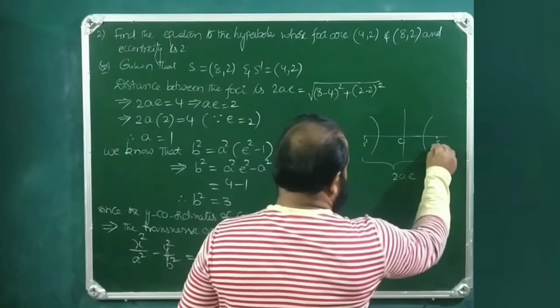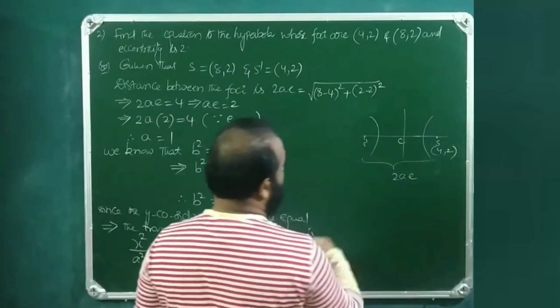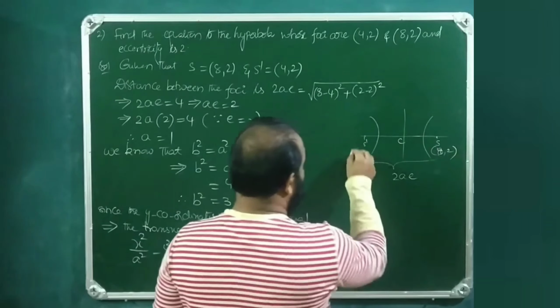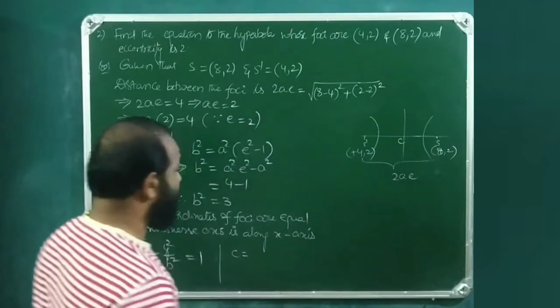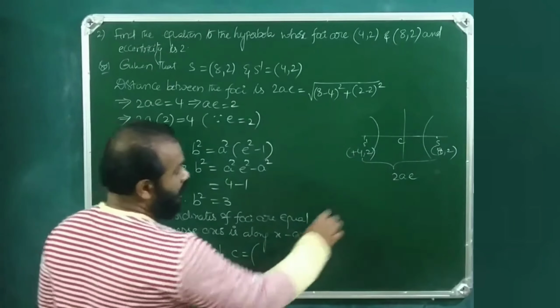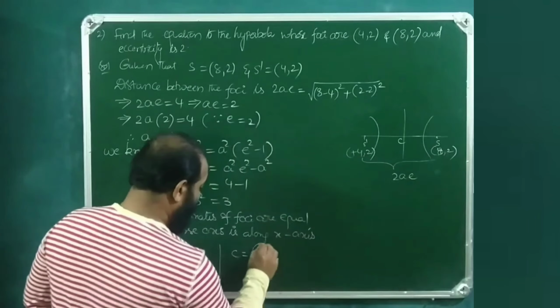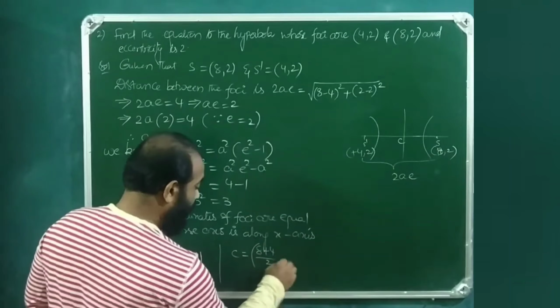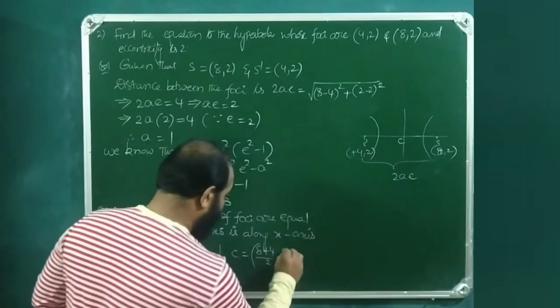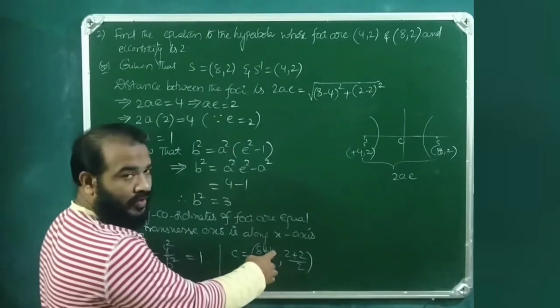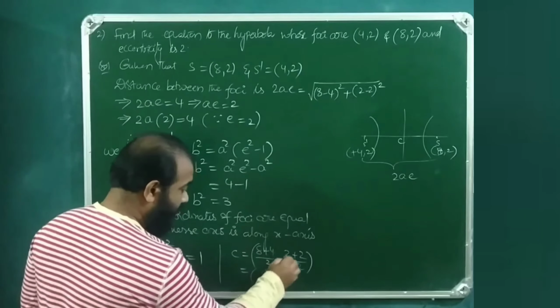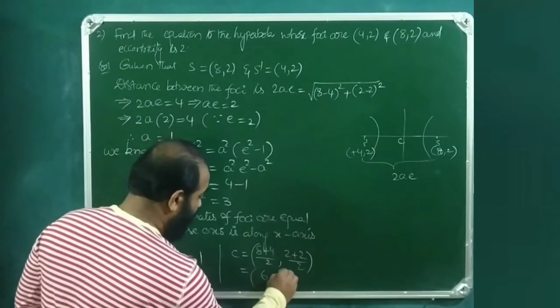S is 8 comma 2 and S dash is minus 4 comma 2. So C is equal to 8 plus 4 by 2, 2 plus 2 by 2. So 8 plus 4, 12 by 2 is 6, comma 2 plus 2, 4 by 2 is 2.